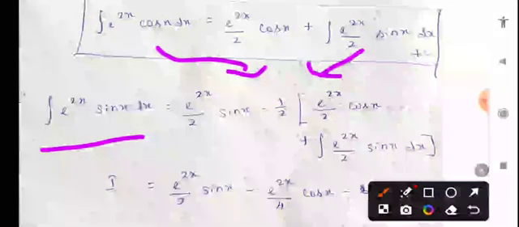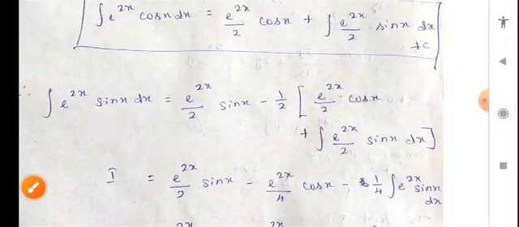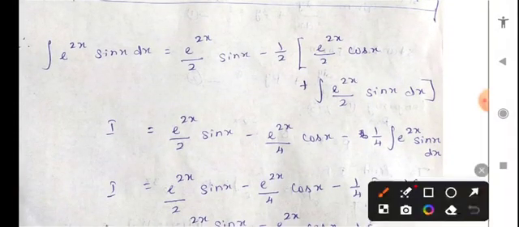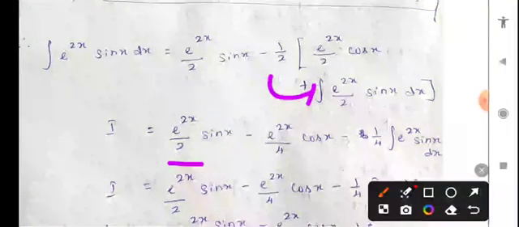Now we multiply this 1 by 2 inside, so it becomes e power 2x by 2 into sin x minus e power 2x divided by 4 into cos x.